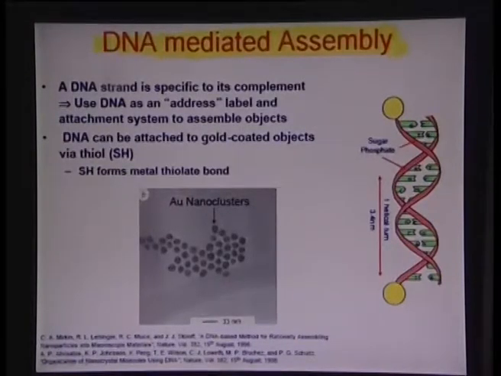Okay, so here as you see there are 2 complementary strands of DNA which are exactly complementary when they bind to each other with high stringency, and what he has essentially done is that he puts these gold nanoparticles on both these strands separately and lets them self assemble, so that there can be an array or an arrangement of these gold nanoparticles.